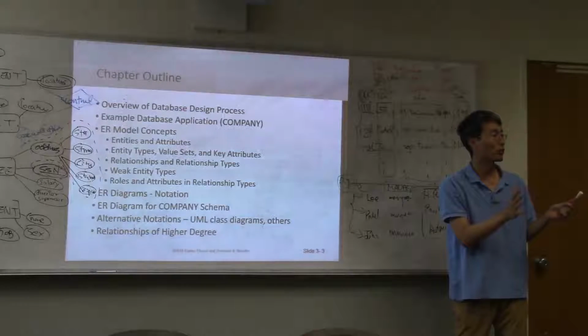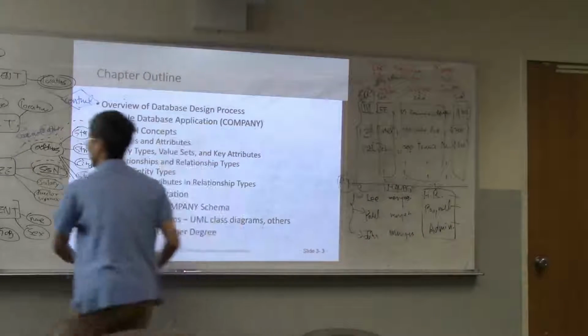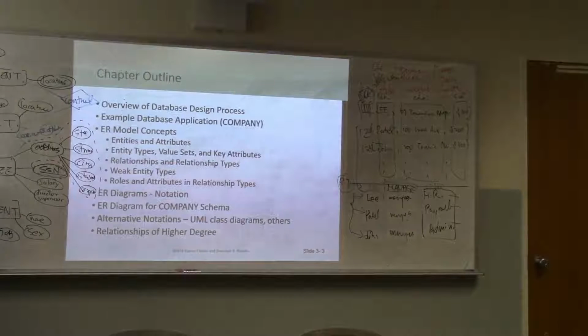What is the relationship here? Supervise. So we can create supervise. How to connect? Employee, supervise, employee. Like that. It's called a recursive relationship. It may be possible. Then you can understand employee, supervise, employee. It's still a binary relationship. That's all.